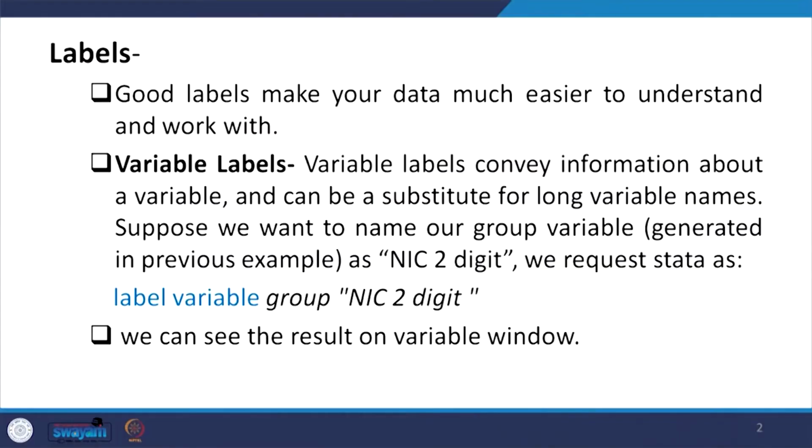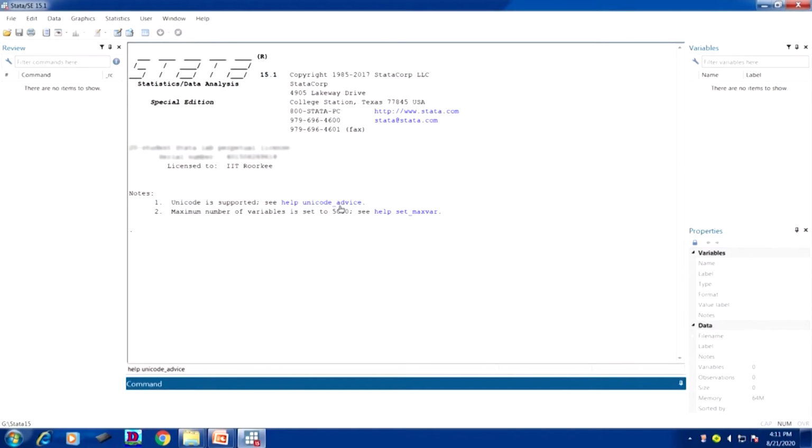So let me handle this particular variable labeling with the help of the exact data in STATA. This is our STATA software window, which we have opened. Let me open the data and guide you on how to label the variable.